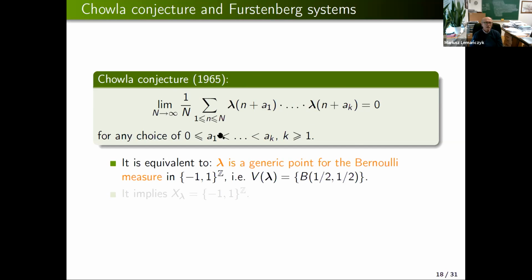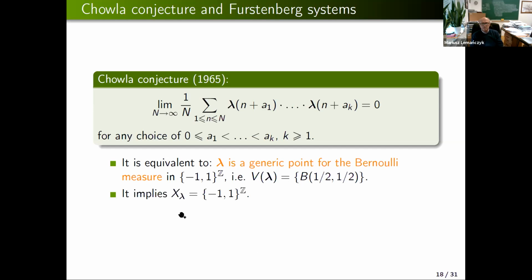Remember that we wanted to see something like a sample of an IID process. It turns out that the Chowla conjecture is precisely equivalent to the fact that lambda is a generic point for the Bernoulli measure in the subshift {-1, 1}^Z. I mean the simplest Bernoulli measure, the symmetric one, 1/2, 1/2.